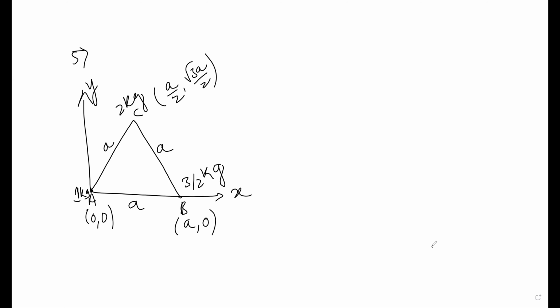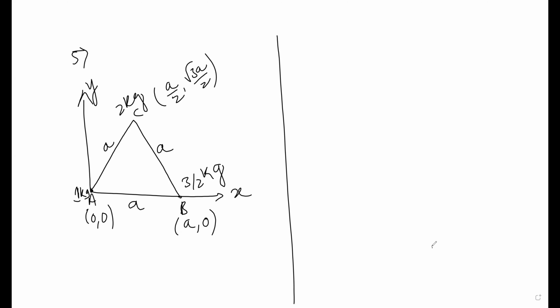So in the axes, the equilateral triangle is drawn with 3 sides, each marked by a, and the 3 masses are 1 kg, 2 kg and 3 by 2 kg. The coordinates are A at 0, 0, B at a, 0, and C at a by 2, root 3 a by 2.